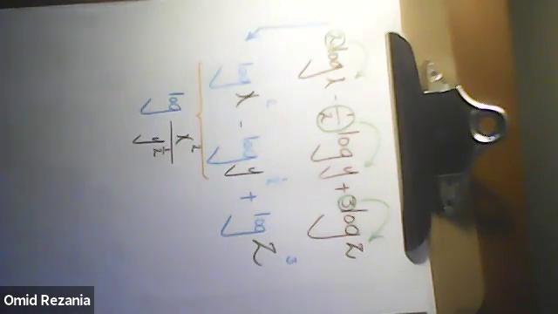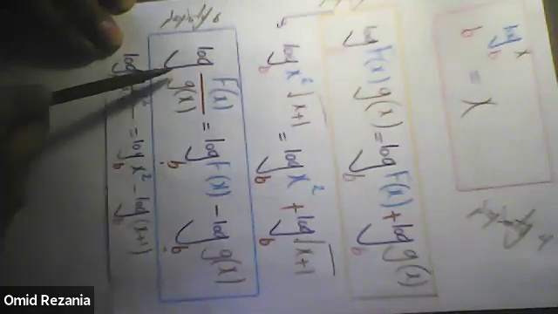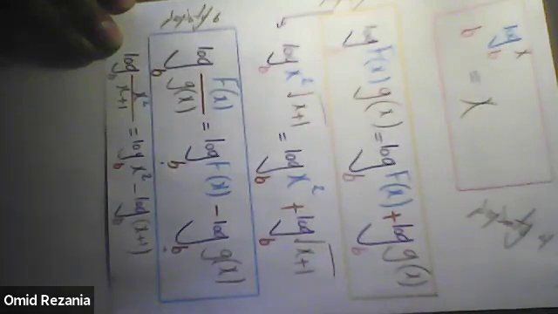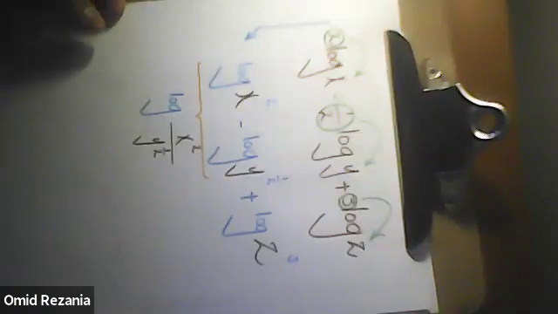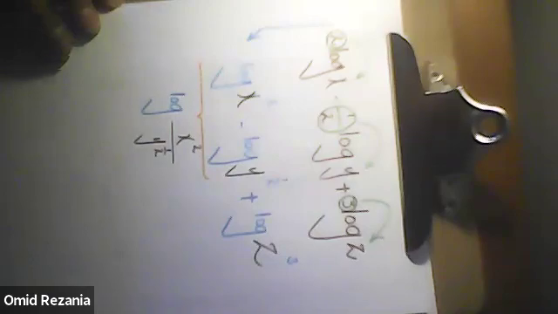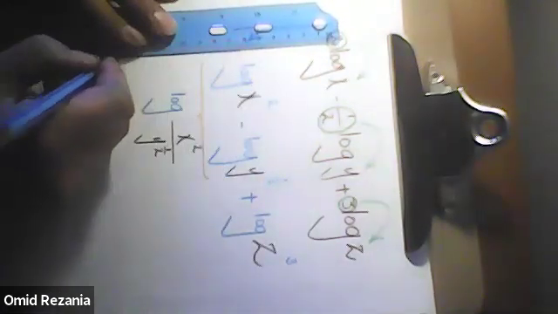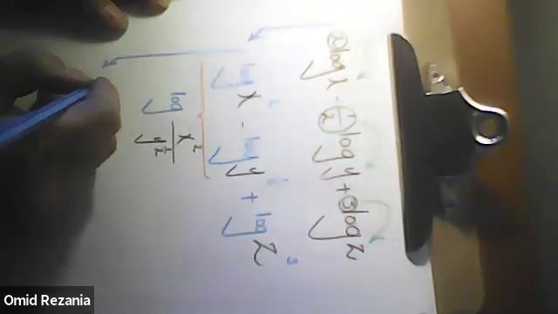Because that's property number 6. Two log functions subtracted turn out to be one log function, but I divide f of x and g of x. Then so far, this expression turns out to be only 1.